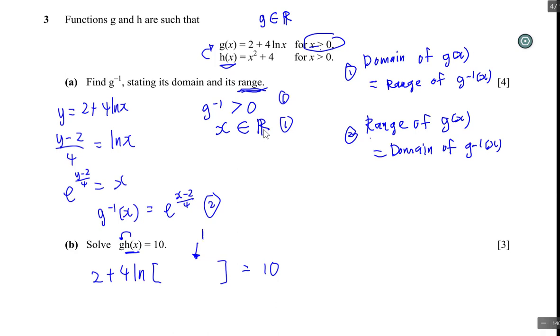You just imagine you sub h(x) into the g(x) here, so all the x here you need to change to h(x). So what is your h(x)? It will be x squared plus 4.